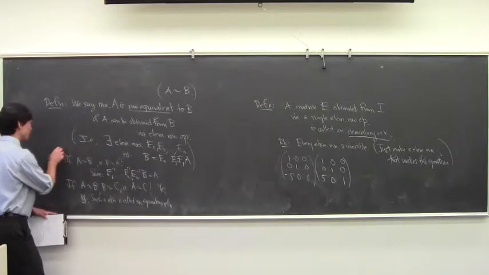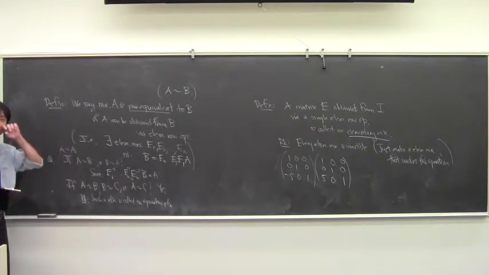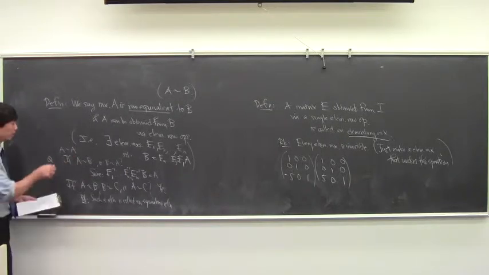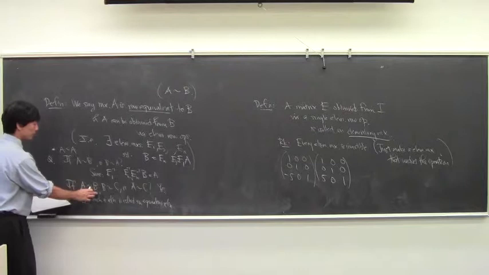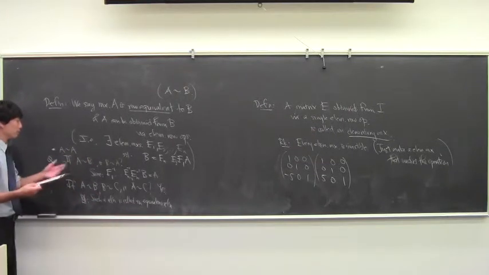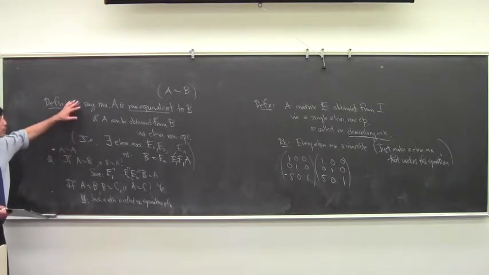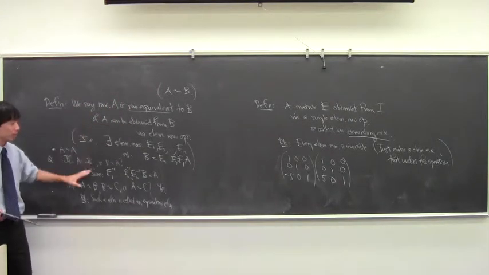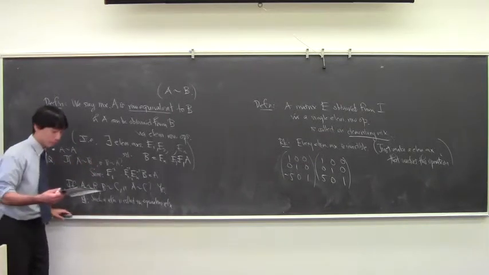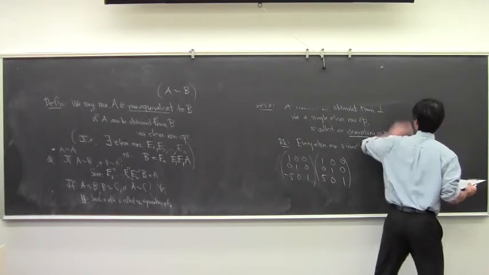I guess there's one more thing you need to add, that something is equivalent to itself. But if you satisfy these three, transitivity, symmetry, and being equivalent to yourself, then you're called an equivalence relation. So row equivalence is an equivalence relation.